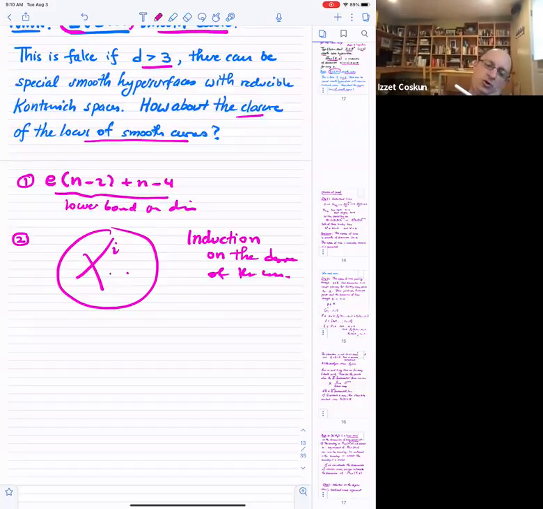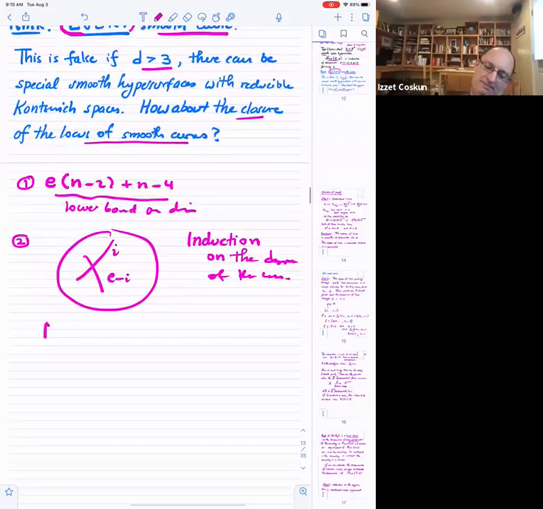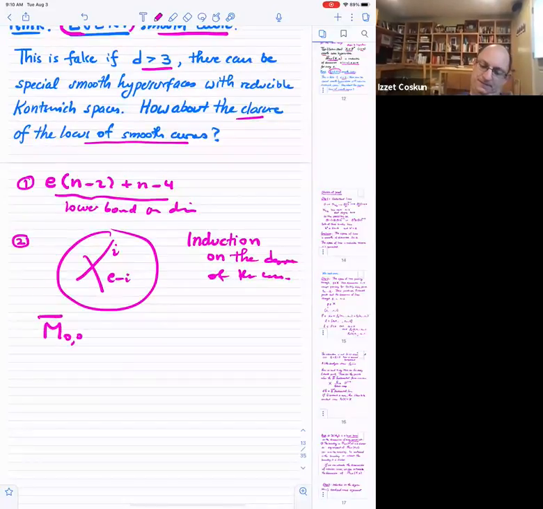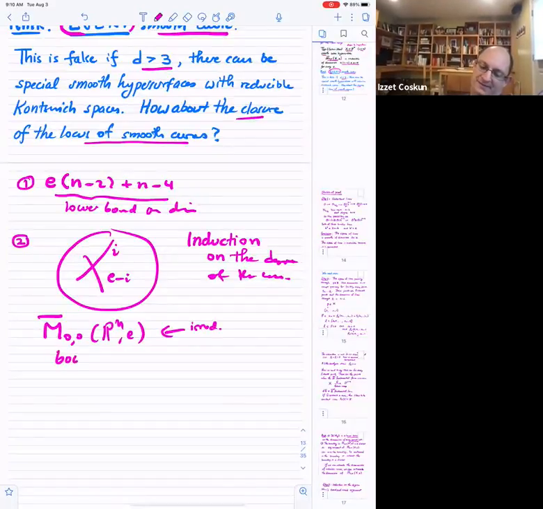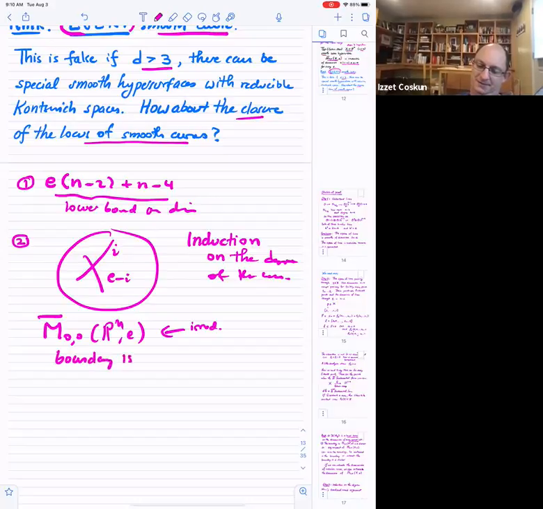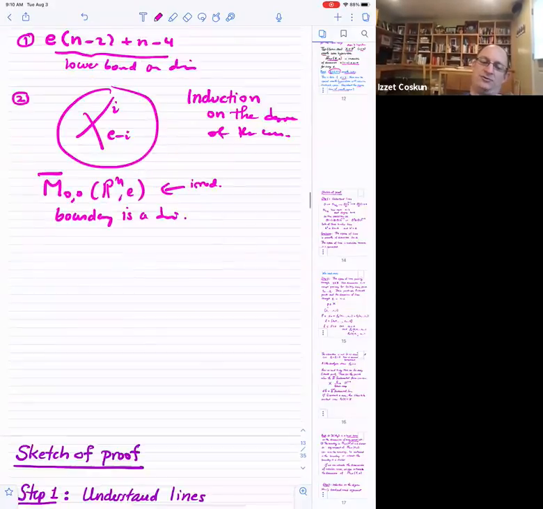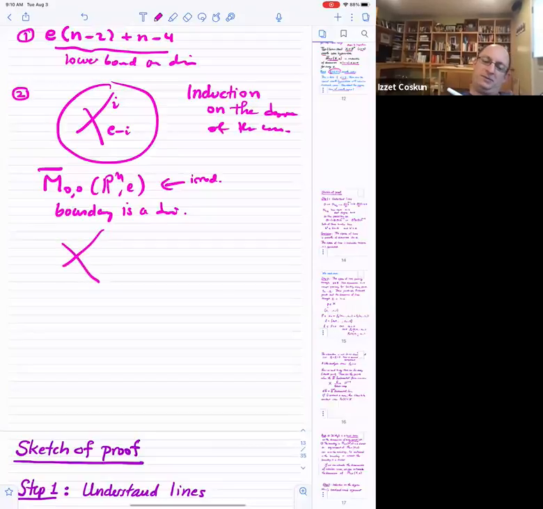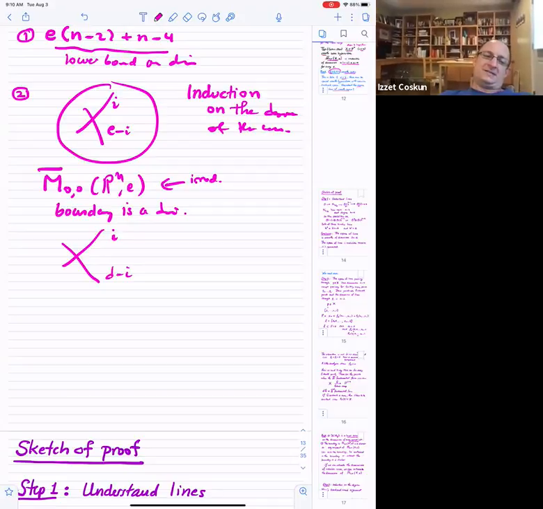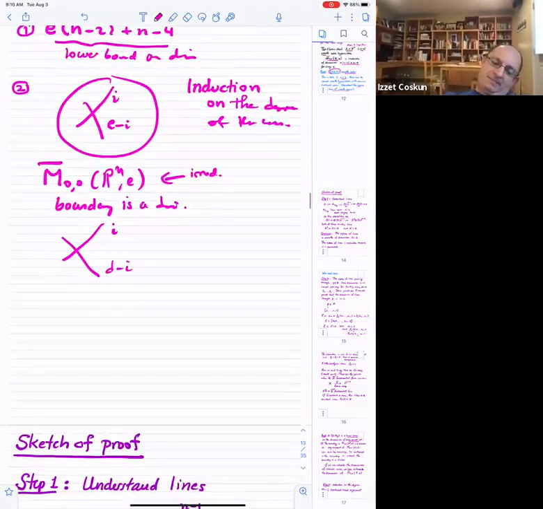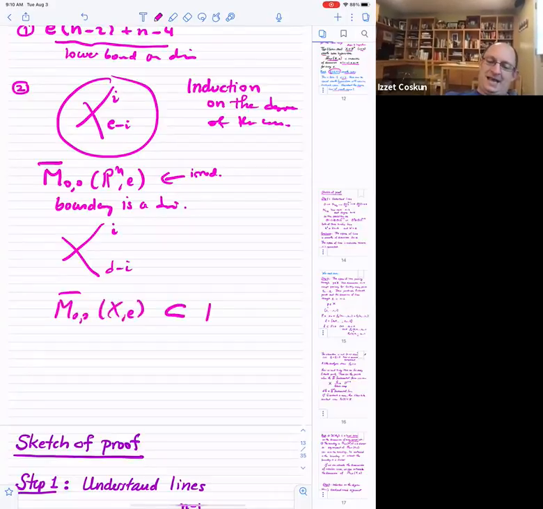We already know that if I look at projective space, this is irreducible, and we know that the boundary is a divisor. Remember, the boundary was when the curve broke into 2 pieces, degree i and degree d minus i, and this is a divisor. Now if you look at the space M00 of X, this of course sits in M00 of P^n.